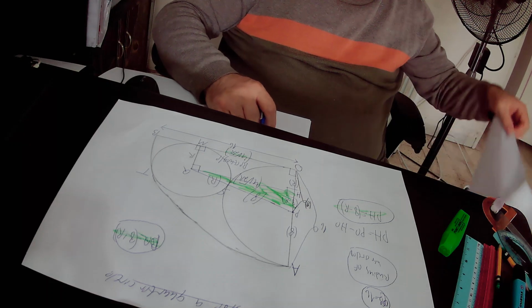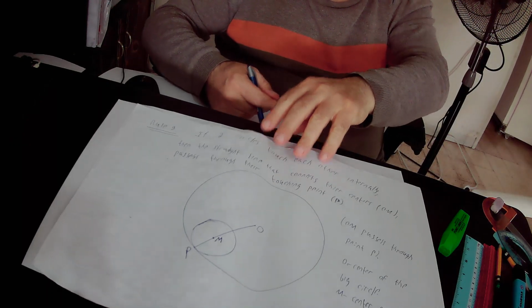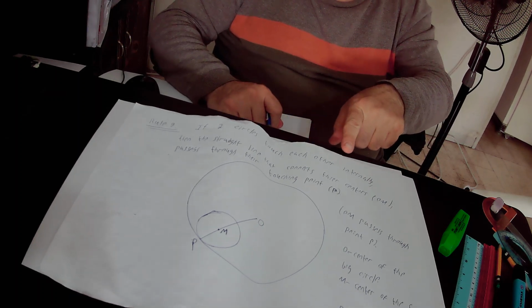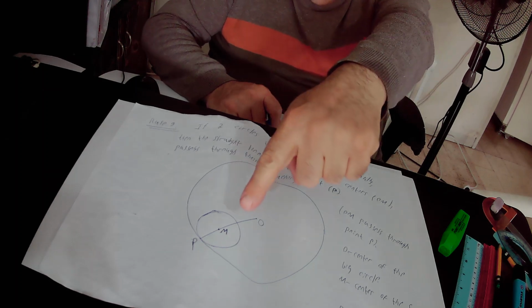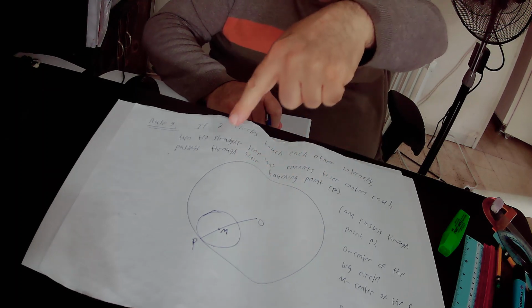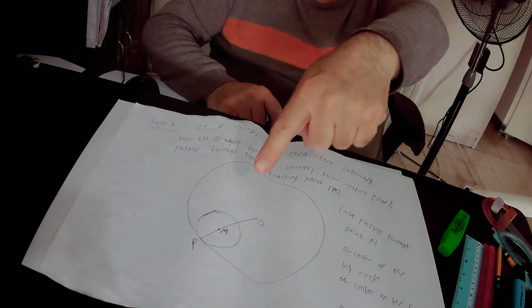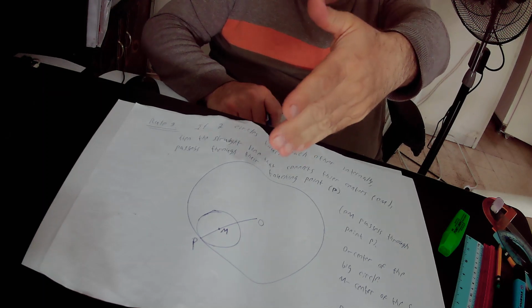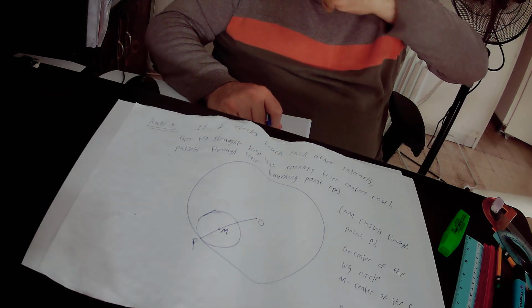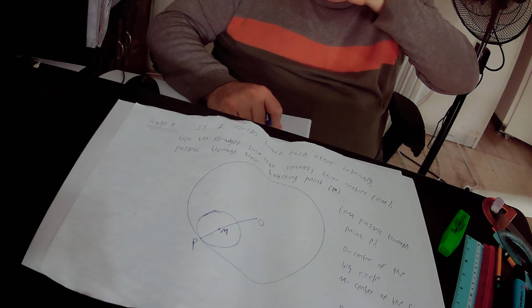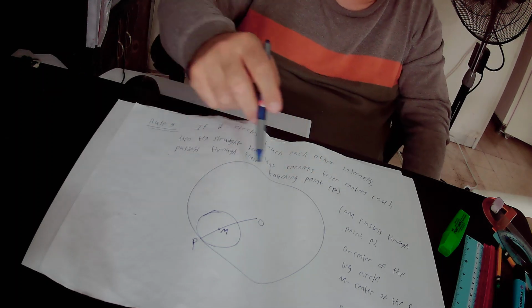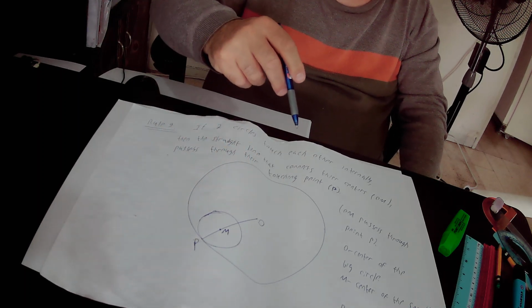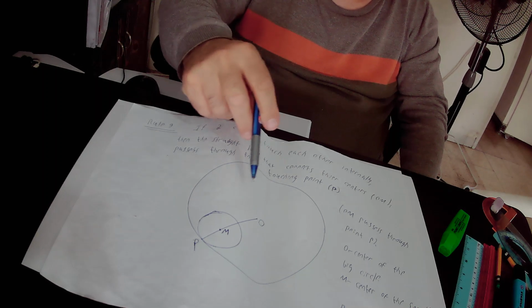I'll repeat quickly rule 9. According to rule 9, if two circles touch each other internally, here we have this small circle touching the big circle internally at point P. That is to say, they have an internal touching between them at point P. According to rule 9, the center of the big circle is here at point O. The center of this small circle is here at point M. And the straight line that connects their centers together is the straight line OM, of course.